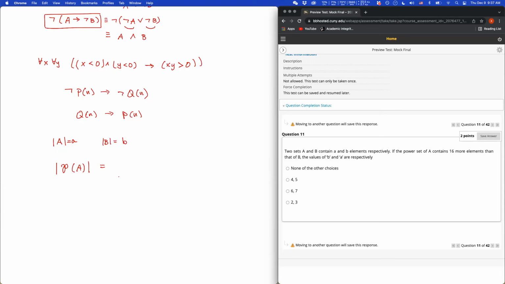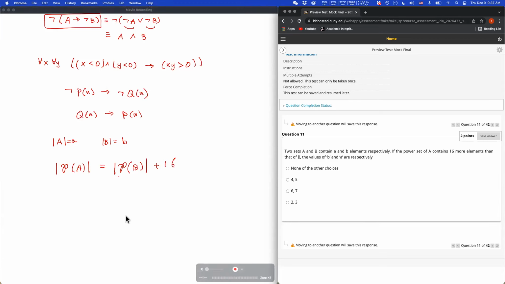Actually, here it should be if you compare the power set of A and the power set of B. How many elements, how do we find the power set of A? How many elements in the power set of A?